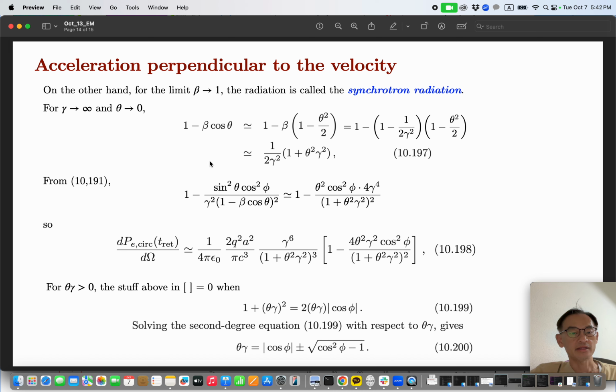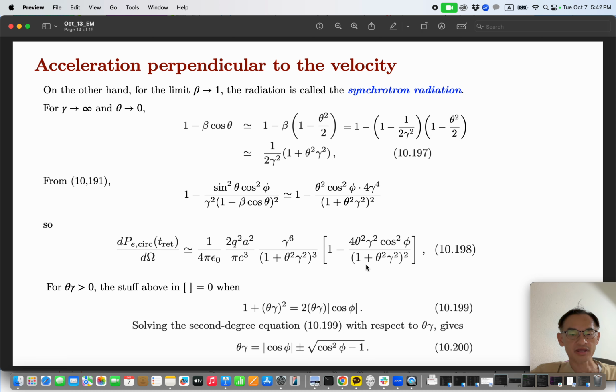Therefore, the angular component that we have becomes this expression, giving us in total the angular distribution of the power for the circular motion when beta goes to 1, or super relativistic. Then you can approximate everything in terms of this.